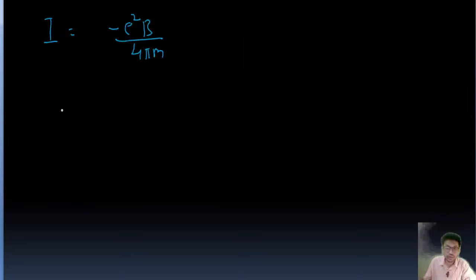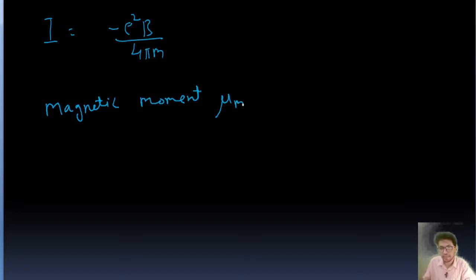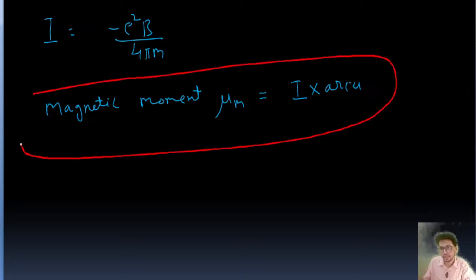And now we are finding the magnetic moment. The magnetic moment formula, mu m, is current into area, you need to note this down.